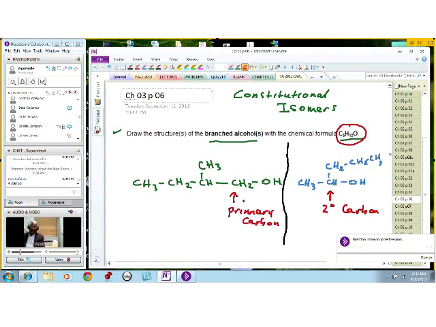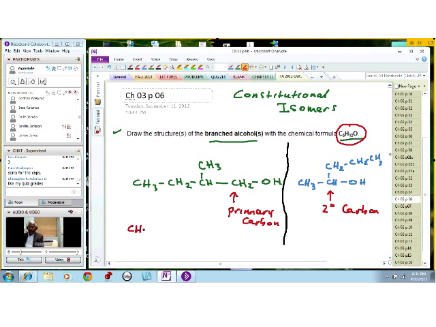Tertiary carbon is a carbon that is attached to 3 other carbon atoms. So therefore, if I ask you to write a tertiary alcohol using this formula here, you must show me a molecule in which the hydroxy group must be attached to a tertiary carbon.